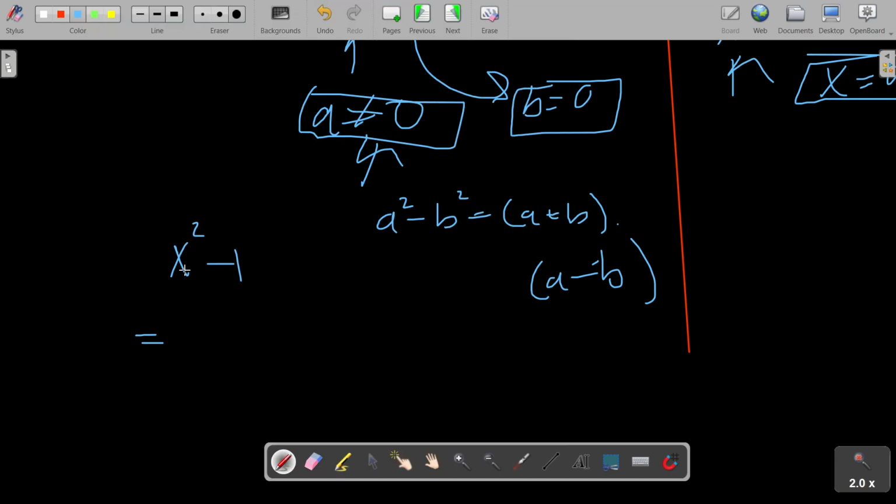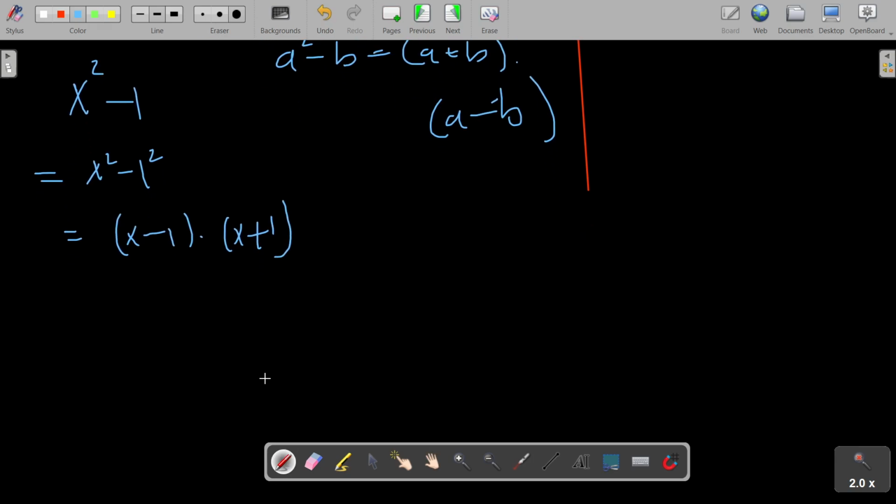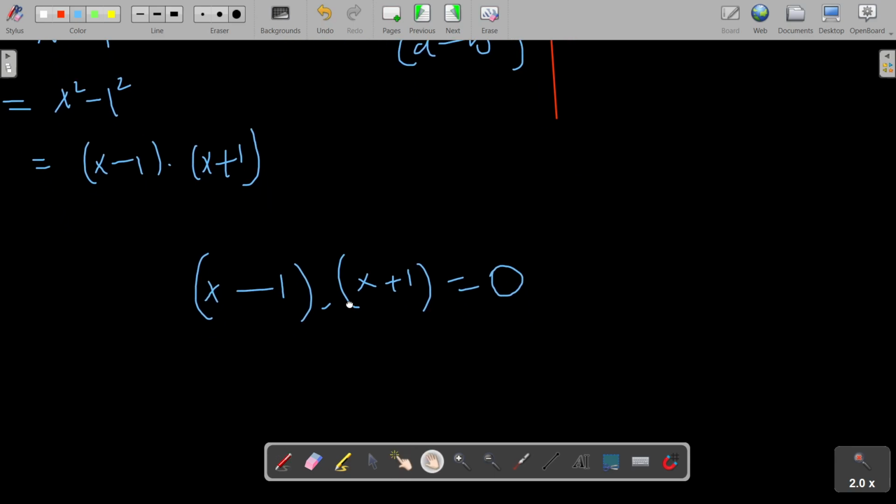This can be written as x squared minus 1 squared. 1 squared is 1. So I can write this as x minus 1 into x plus 1. I can simplify this, and we have this right here: x minus 1 into x plus 1 is equal to 0.